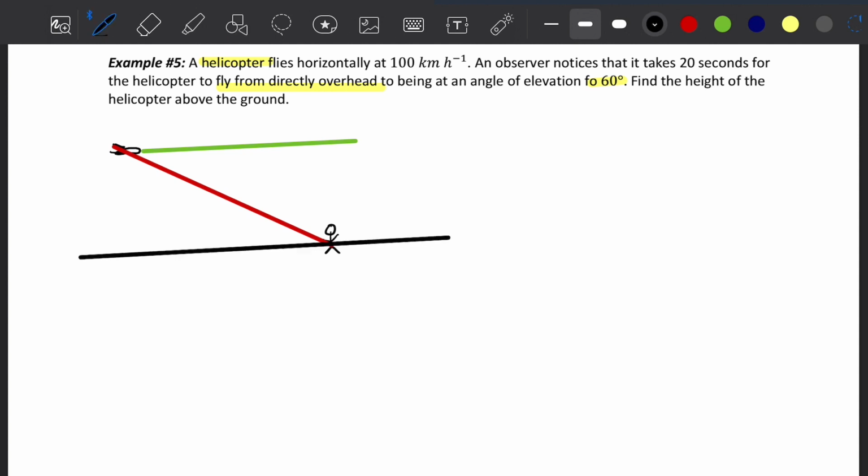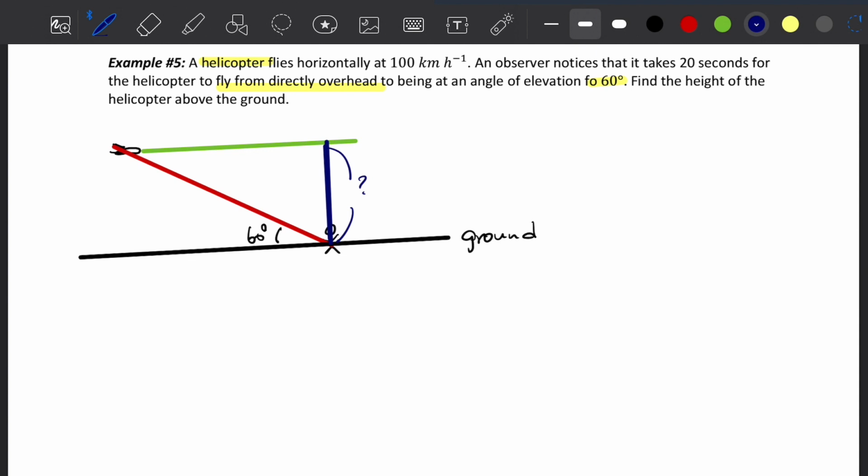We know that the angle of elevation is 60 degrees, so we have 60 degrees here. We need to find the height of the helicopter above the ground, so we need to find this distance here.